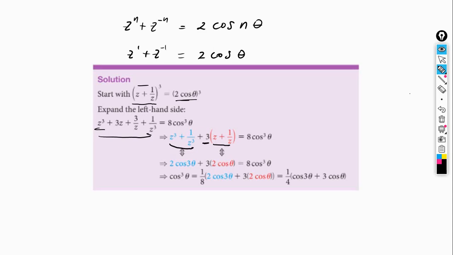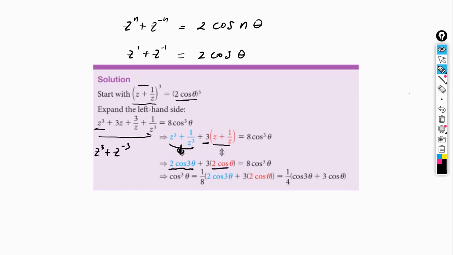But we already know that this expression here is going to equal 2 times cosine of 3 theta, because this is simply z to the 3 plus z to the minus 3. And this one equals 2 times cosine of theta.